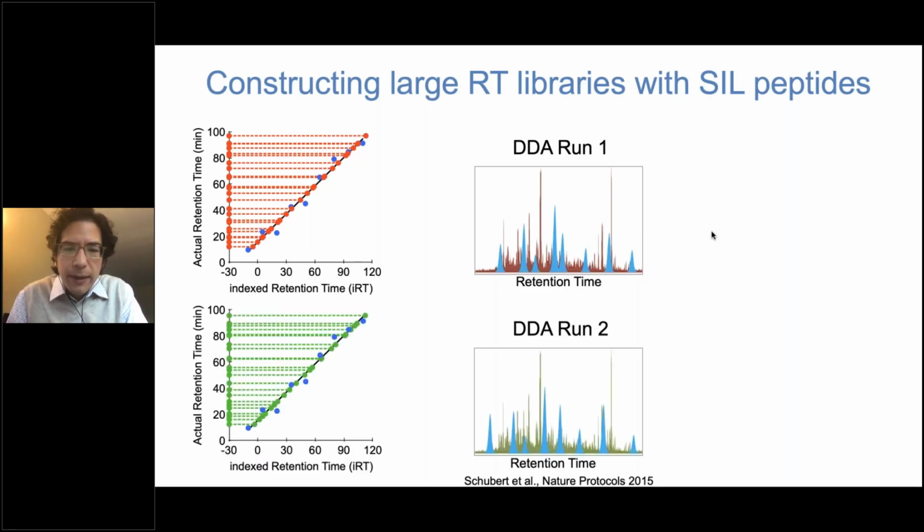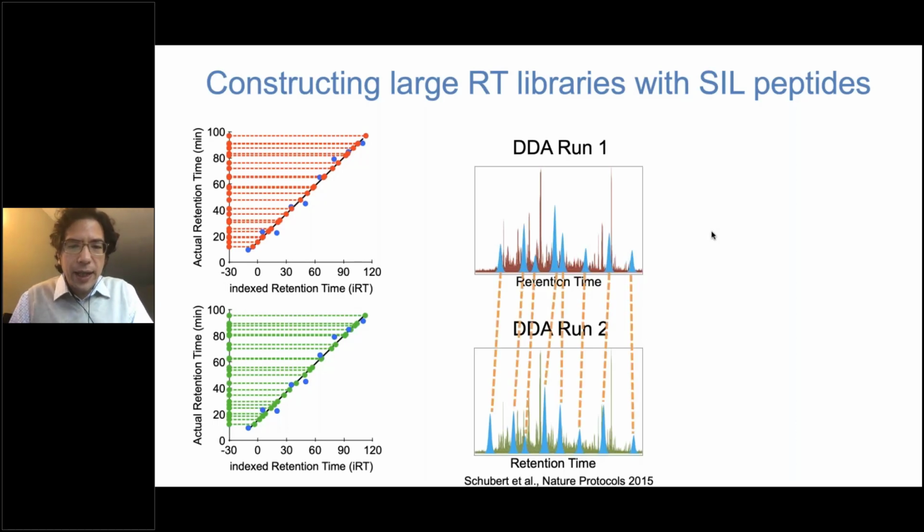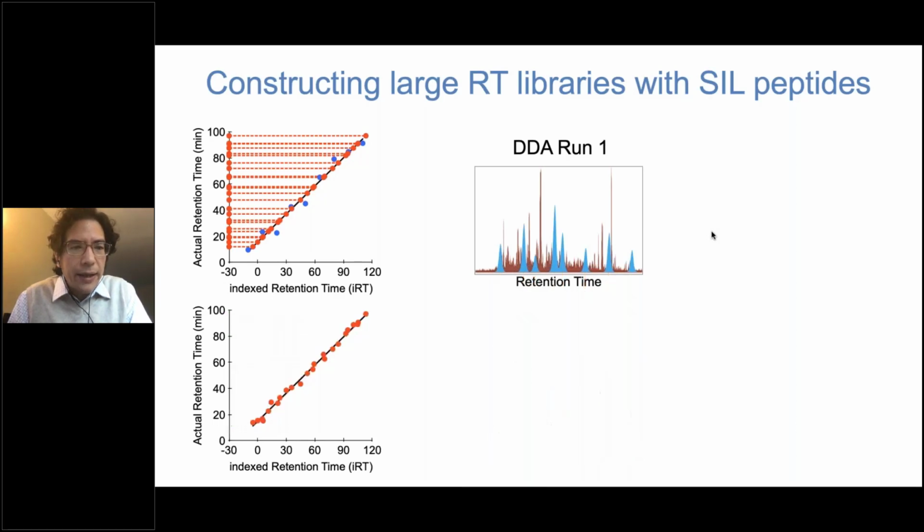Another strategy, in this case, would be to take these same iRT peptides and then use your retention times from your first DDA run to map onto another DIA run or DDA run. So another strategy is to take these types of measurements that you were getting for these iRTs, and now that you know something about these peptides that you've already mapped in a single DDA run, try to use those as new types of anchors in the future.